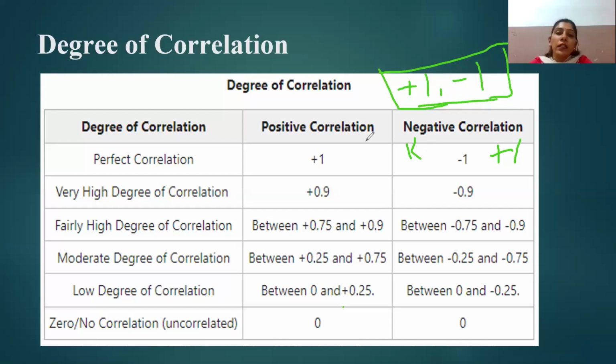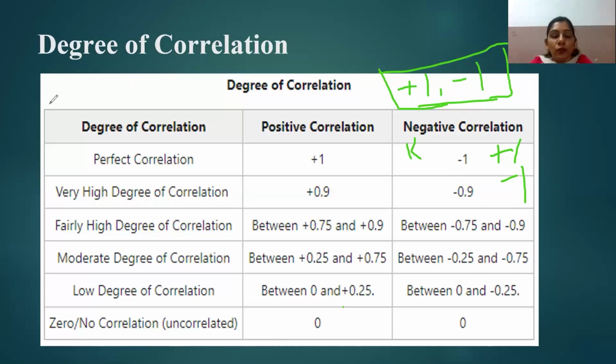On the other hand, if the variables change in the opposite direction and in the same proportion, then the correlation is perfectly negative correlation, meaning -1. If the coefficient of correlation is -1, in practice we rarely come across this type of correlation.